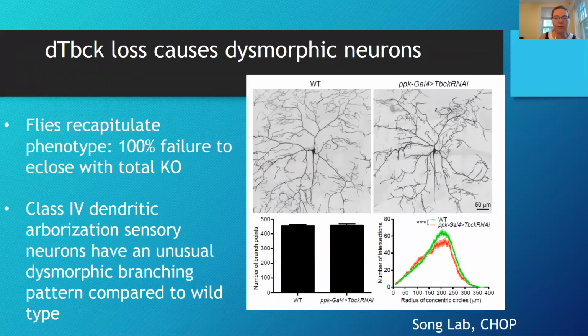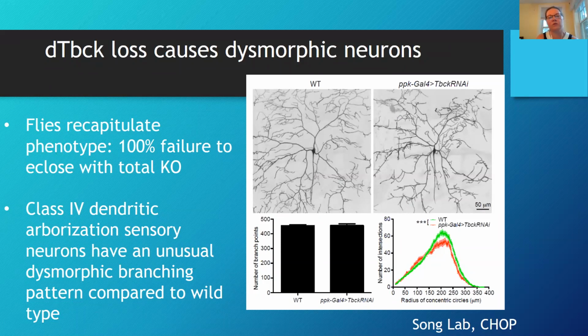We were able to collaborate with Youngshuan Song, also at CHOP, who's an expert in fly neurodegenerative models, and was able to show that in an RNAi knockdown model we were seeing dysmorphic neurons.